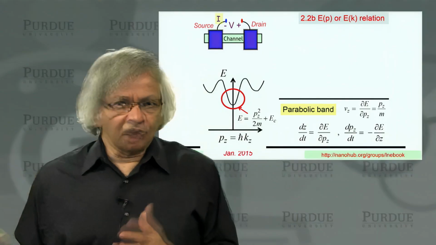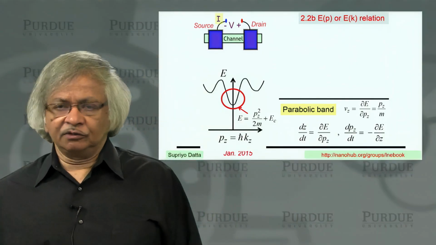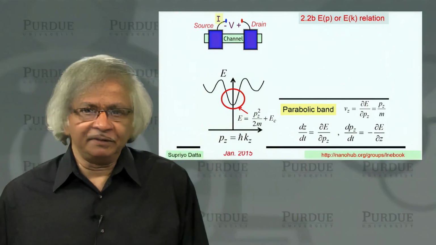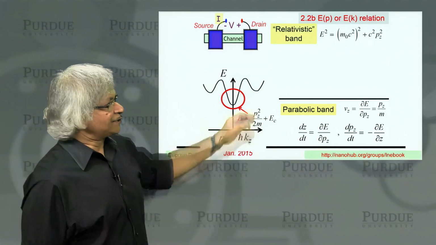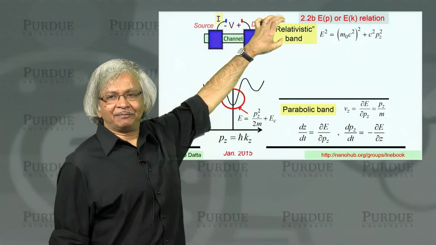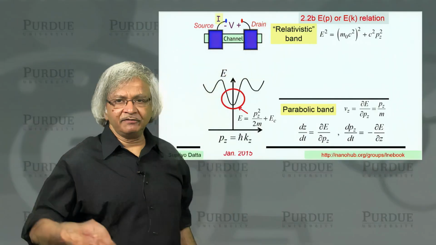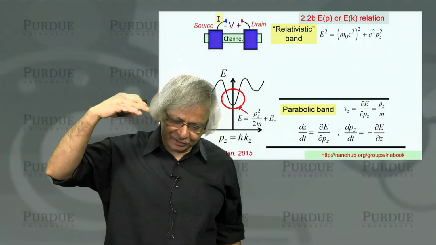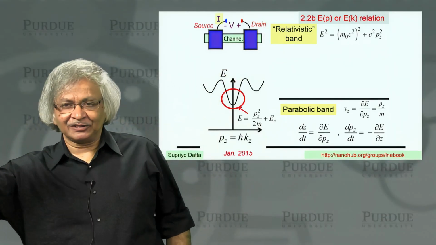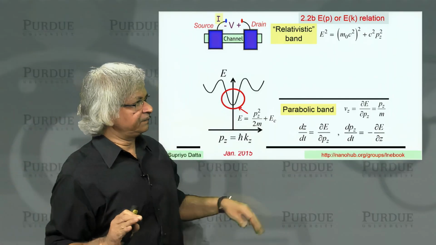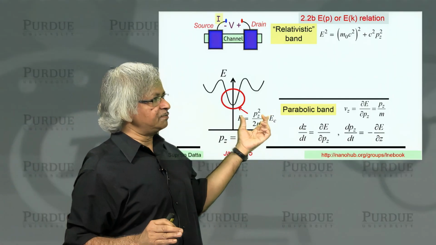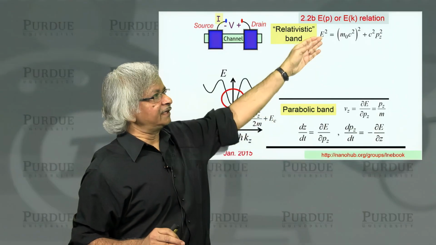On the other hand, if it was non-parabolic, this wouldn't have worked out. I mean, you wouldn't get p equals mv. So one common example is what sometimes people call a relativistic band. That is, actually, even in vacuum, when electrons are traveling very fast, close to the speed of light, then the energy momentum relation instead is not E equals p squared over 2m, but rather it has this form.